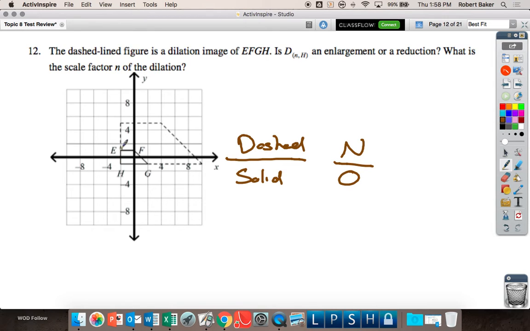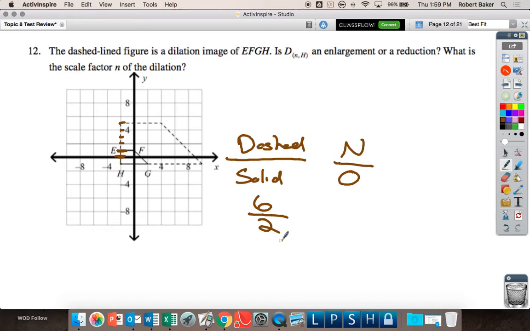1, 2, 3, 4, 5, 6. 1, 2, 3, 4, 5, 6. Yes, 6. And how long is the solid line figure? It is 2.